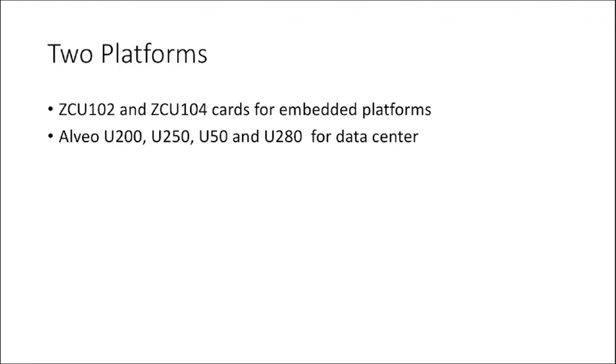The first line tells us these two kinds of FPGA are used for embedded platforms, and the U2000, U2050 series are used for data center. There is only a slight difference in the development flow, but I think it's not really important in this tutorial.